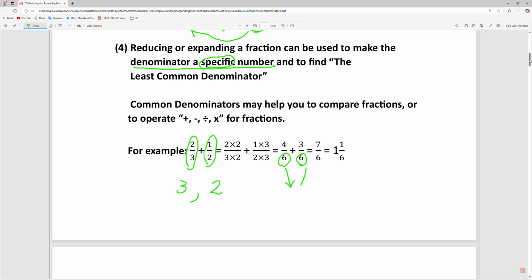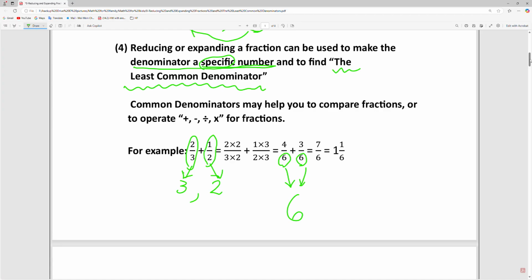How can I find this number 6? We call this the least common denominator. If you are not looking for the least common denominator, then you can change 3 and 2, these two denominators, to any number you prefer. And how to do that, I will show you later.